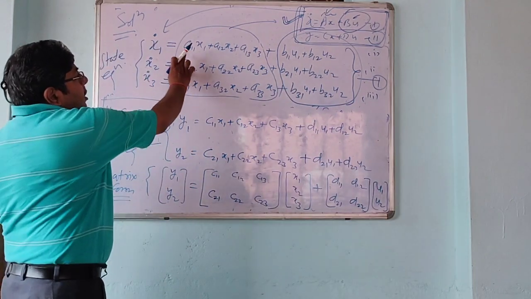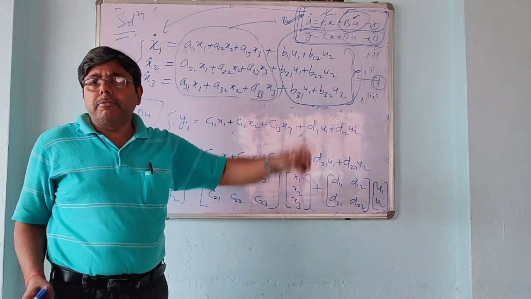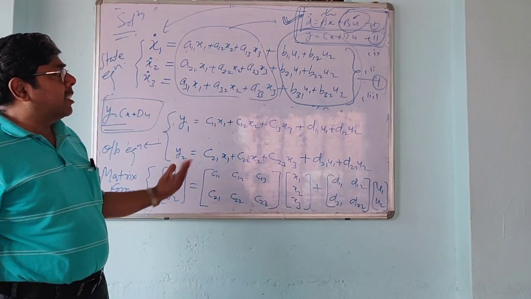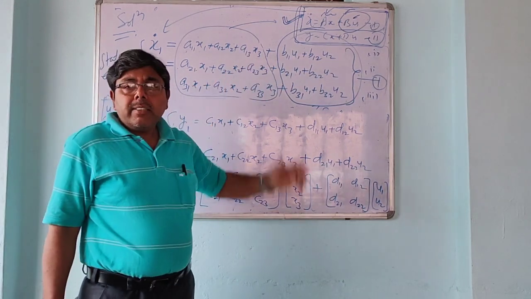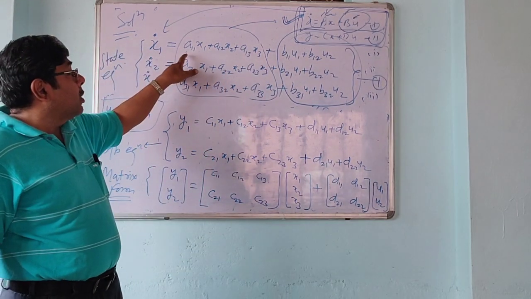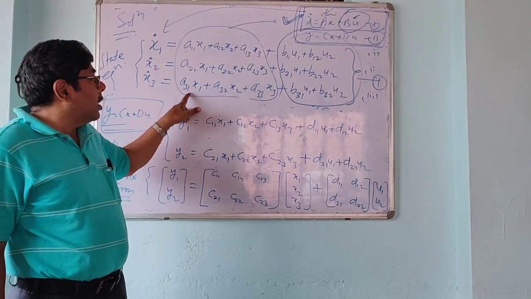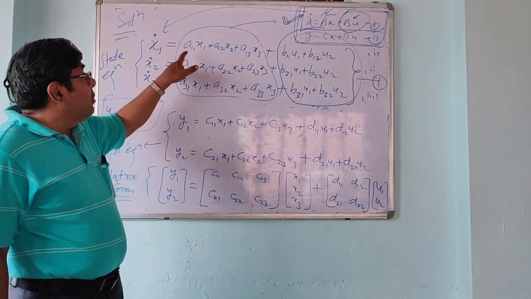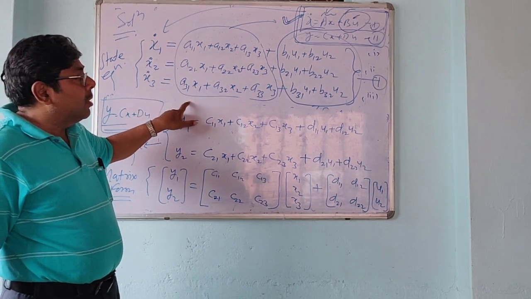Obviously the choice of coefficients is free. We can use any other set of coefficients for the system matrix and the input matrix. Here we are using a11, 12, 13, 21, 22, 23, 31, 32, 33, obviously for the first equation, second equation and third equation.